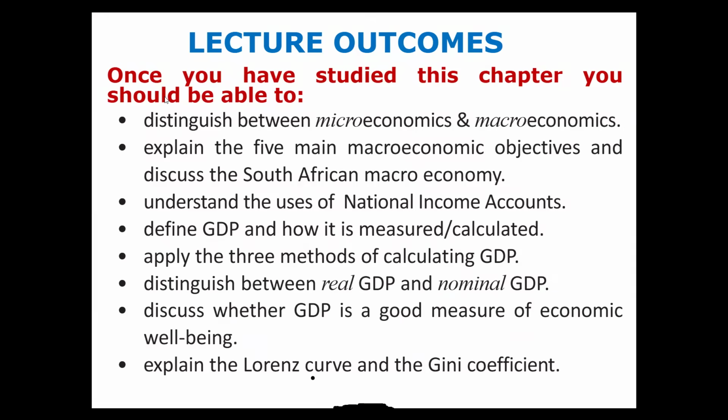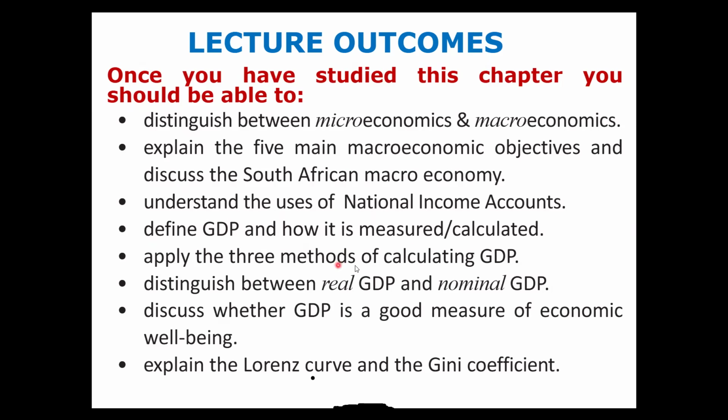So the lecture outcomes. Once you have studied this chapter, you should be able to distinguish between microeconomics and macroeconomics. You must explain the five main macroeconomic objectives and discuss the South African macroeconomy. You must understand the uses of national income accounts, define GDP and how it is measured or calculated.